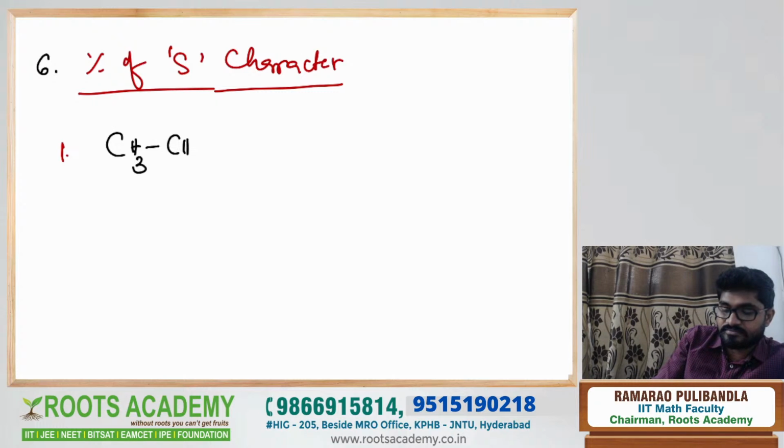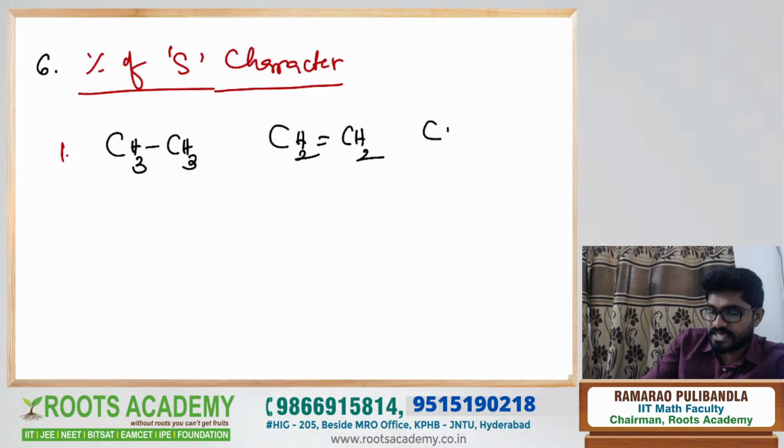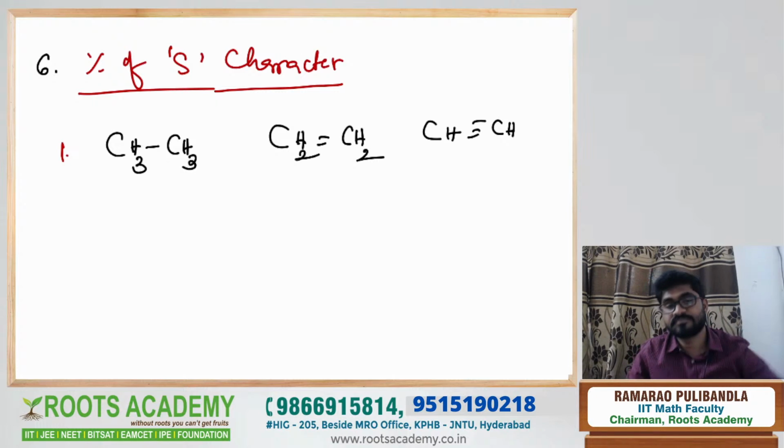CH3, CH3, alkane. CH2 double bond CH2, alkene. CH triple bond CH, alkyne. Now, which is more acidic? I've already told you this concept about the percentage of S character at the time of chemical bonding and periodic properties. Based on that, guys, you try to decide which is more acidic there.